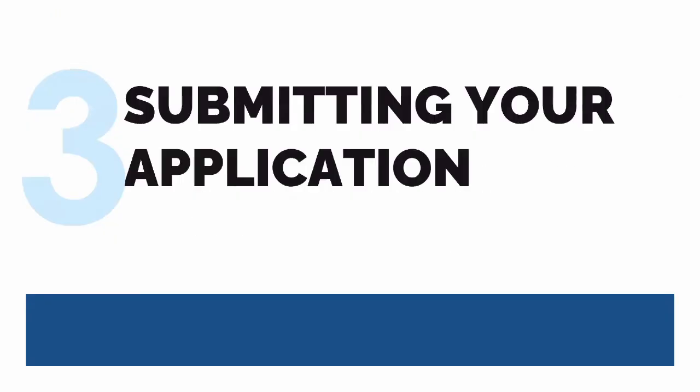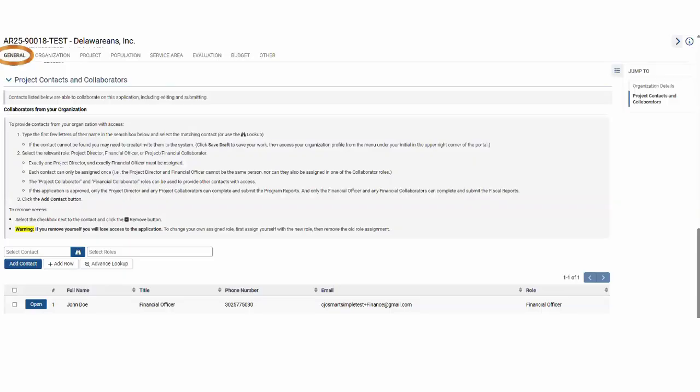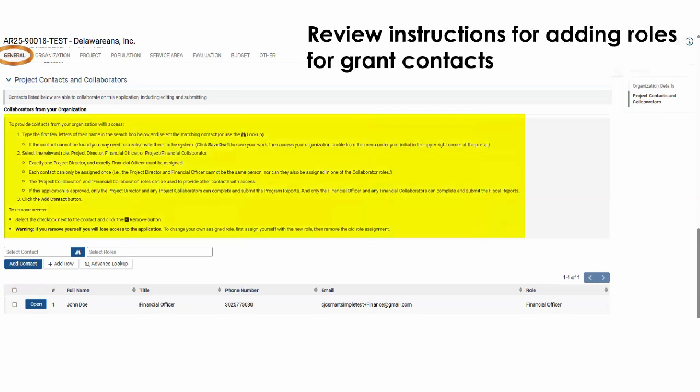Now we're going to dive into the grant application itself. The General tab is the section where you will add additional contacts to have access to the grant application. There are instructions for how to add contacts to the grant. These instructions will appear every time.